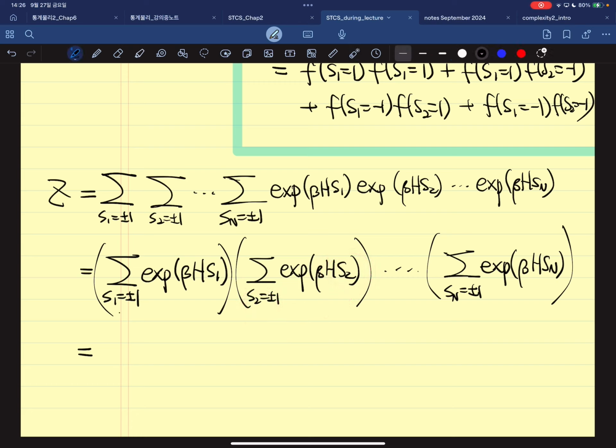The first term is, of course, now we can actually explicitly write down the part. So it's a summation of the S1 equal to +1 case and the S1 equal to -1 case. So this is essentially exponential minus beta h.